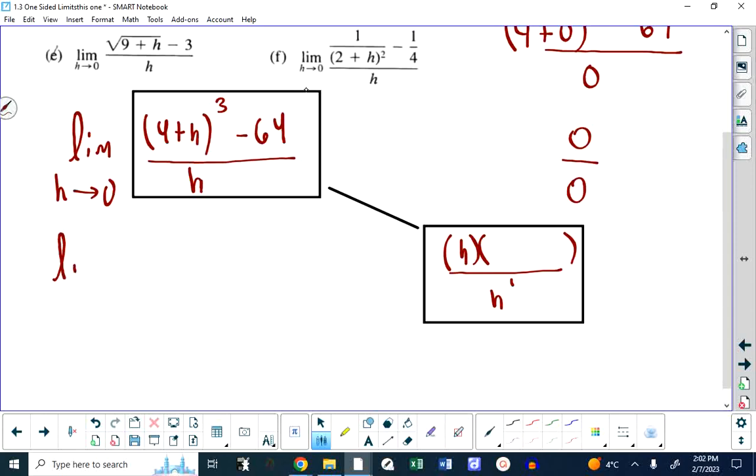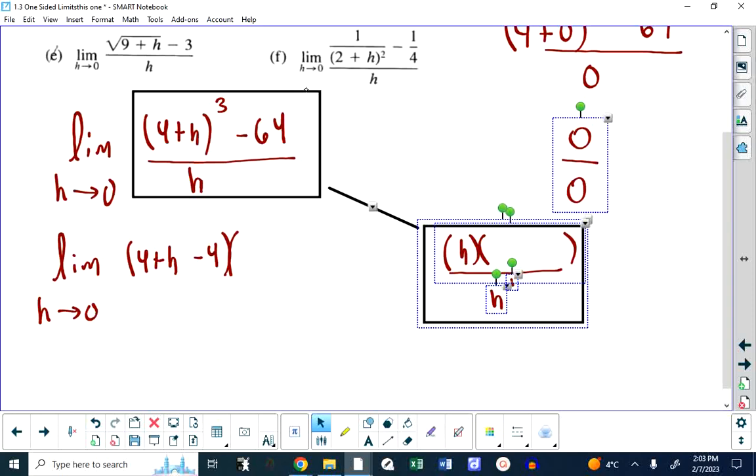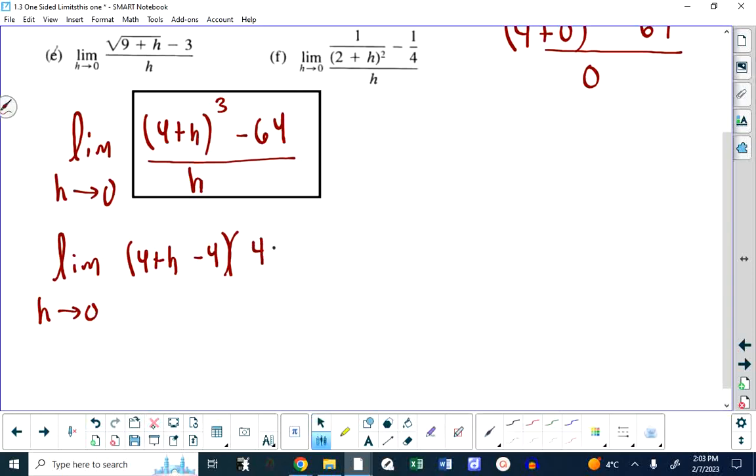Well, one of the things we can do here, Miles, is factor the numerator as a difference of cubes. 64 is 4 cubed. So 4 plus h quantity cubed minus 4 cubed gives me 4 plus h minus 4, and then 4 plus h squared, plus 4 times 4 plus h, plus 4 squared.